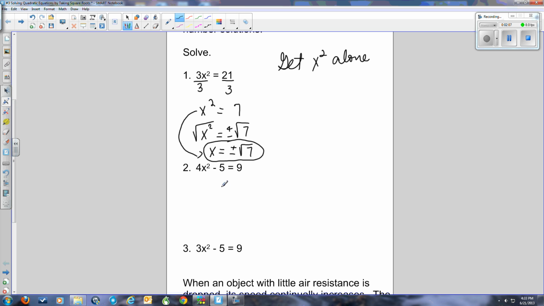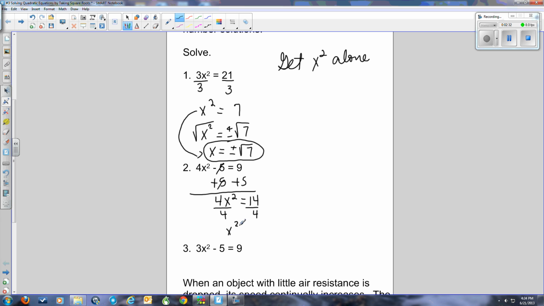Now let's say we do this next problem. We want to get x squared by itself, so we're going to add 5 to each side. So the 5's cancel, and I have 4x squared equals 14. I'm going to divide each side by 4.